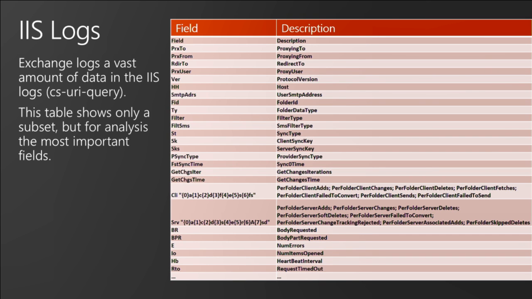This is taken directly from reverse engineering, but it's also funny and interesting. What we might most likely show here are CLI and SRV, which tell you what client-side changes and what server-side changes got triggered. Again, you can see if an item was added, changed, deleted, or fetched.